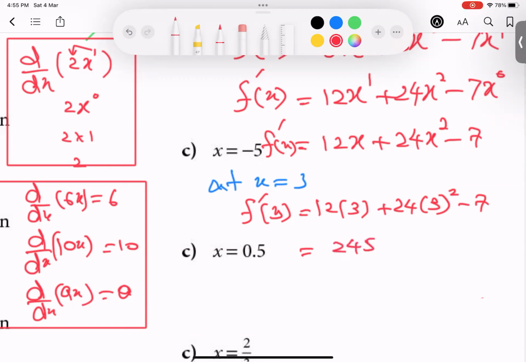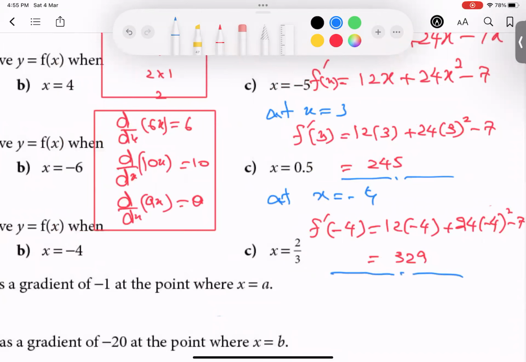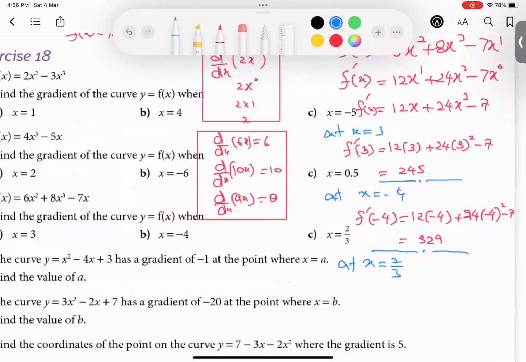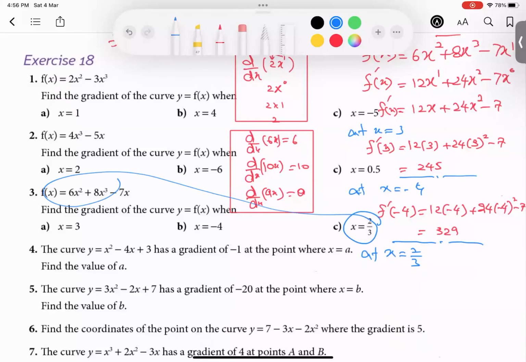Wait a minute, I'm going to check it. The answer is coming: 12 times minus 4 plus 24 times 16 minus 7. The answer is coming 329. I hope the point is very clear. The last part I am going to discuss now is at x equal to 2 by 3. You can see this is the question I'm plugging in here.